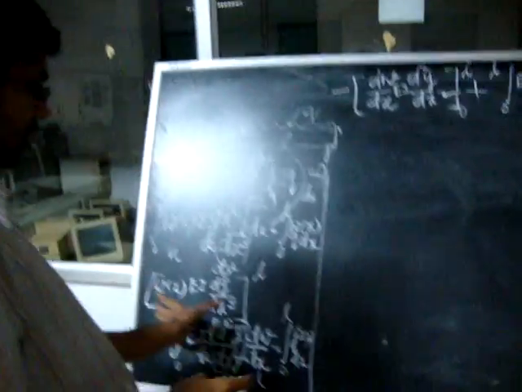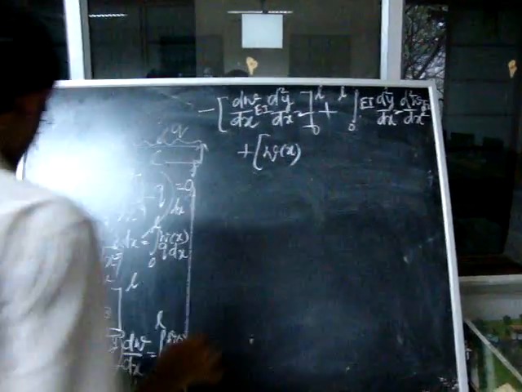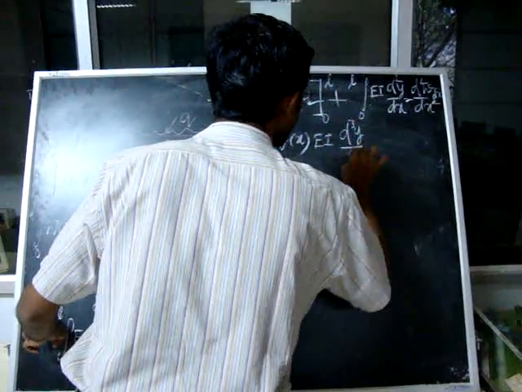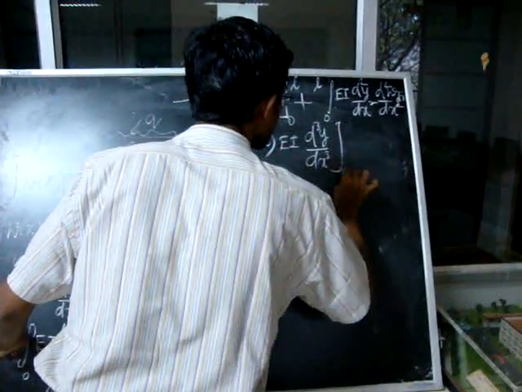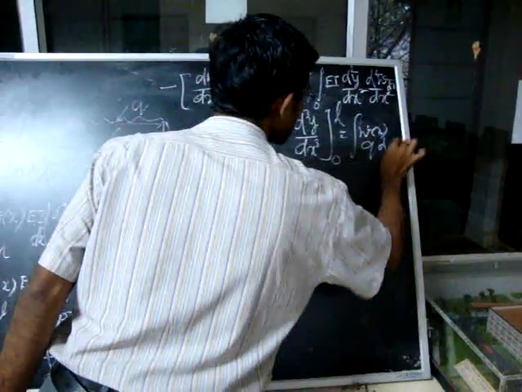And I have one more term here, plus W(x) EI d3y/dx3 over the limit 0 to L, is equal to integral of W(x) q dx over the limit 0 to L.